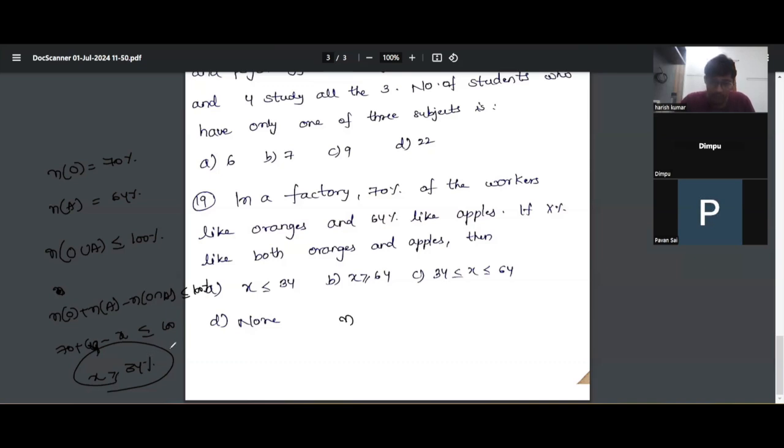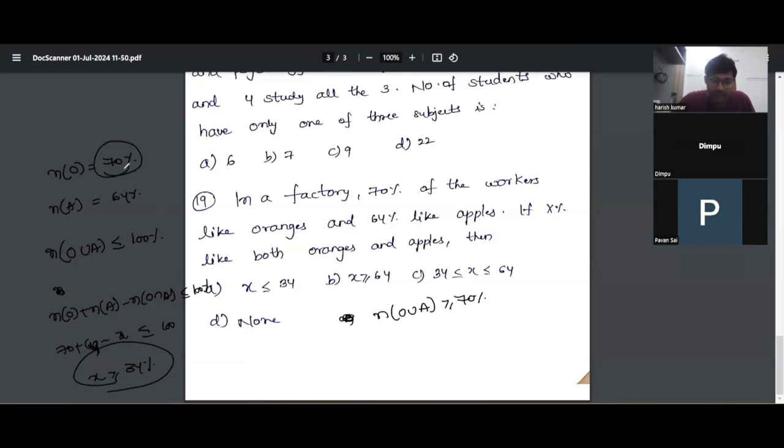And from where will I get the second condition? Second condition is n of O union A has to be greater than or equal to 70%. Yes or no? Why does it have to be greater than or equal to 70%?